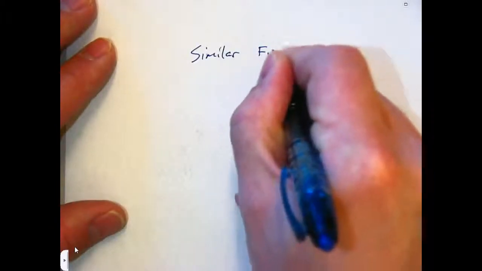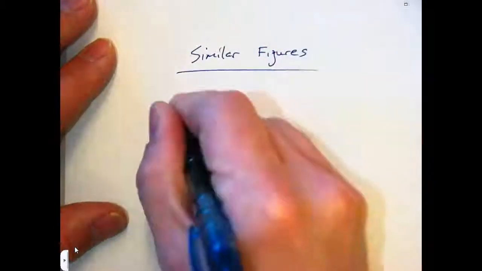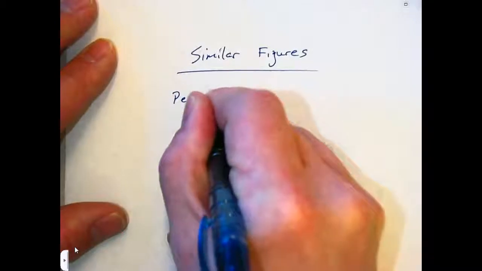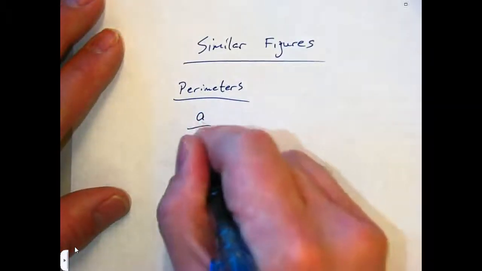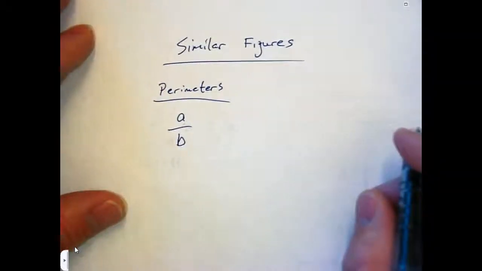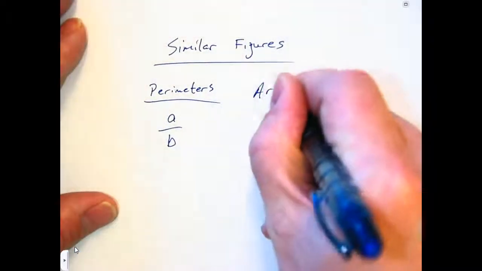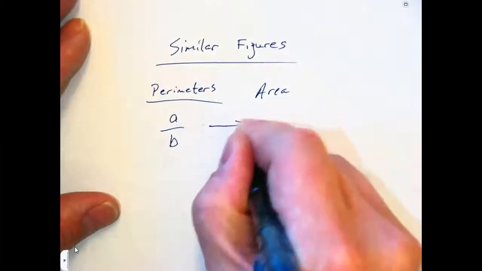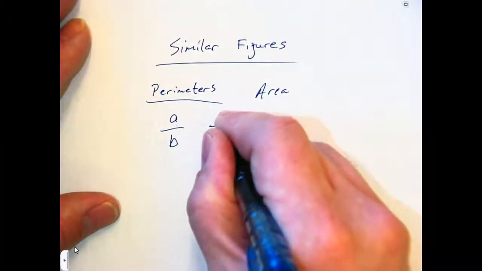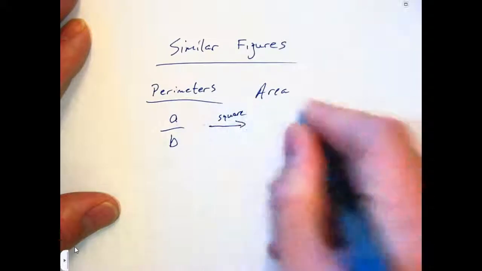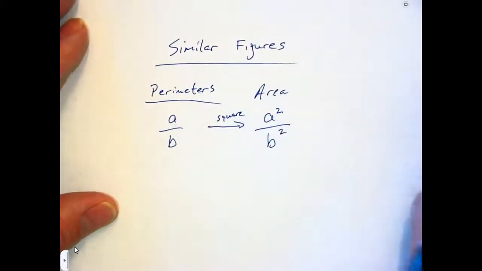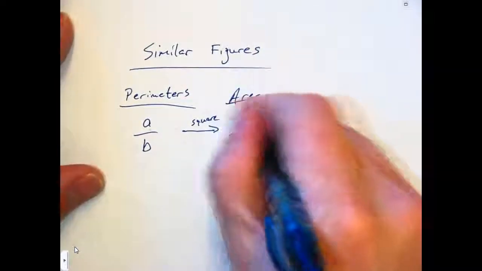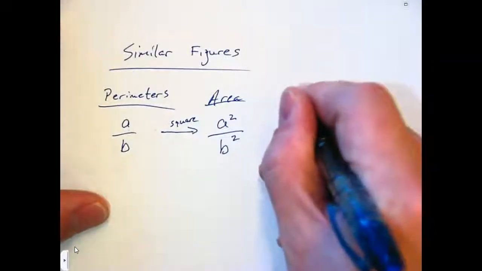If I'm dealing with similar figures, and I am comparing the perimeters, our ratio, we'll call it A to B. If I then go to area, I have to square it. I would then have A squared to B squared. That would be my ratio for areas. Now, I haven't seen this textbook use it, but you will eventually.